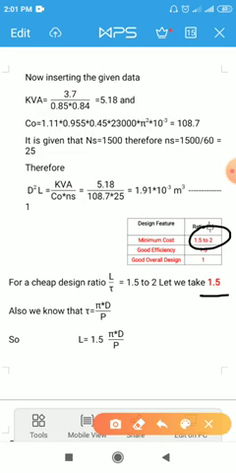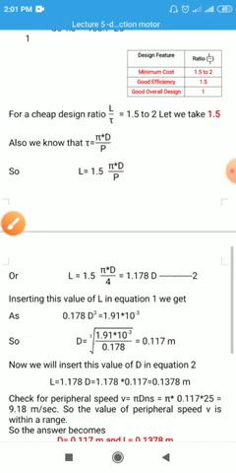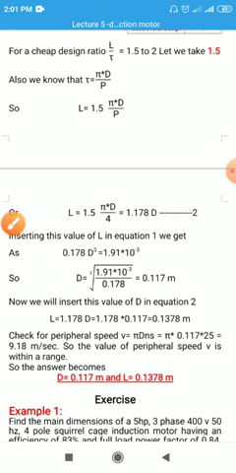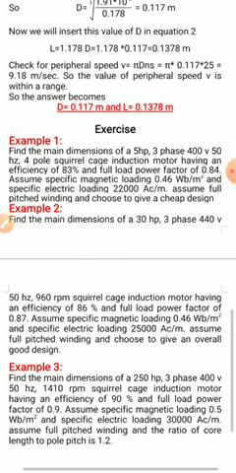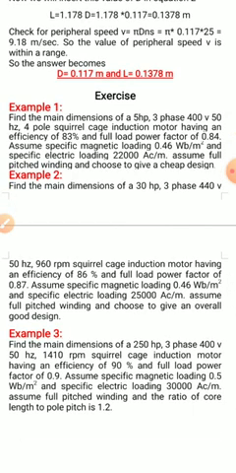Any value is possible, and for that purpose we need to check the peripheral speed, and if your peripheral speed is within the range, you can go for the design. So in the same way, just solve this exercise, examples number 1, 2 and 3, and submit to me.